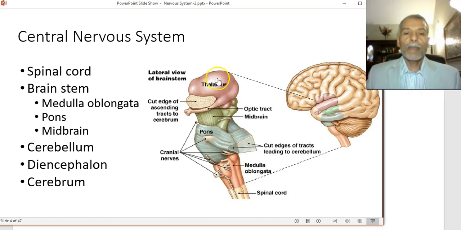So the brain stem that you see here has the medulla oblongata, and then the pons, this structure. And on top of the pons, you have the midbrain. See these cables? And again, think about the brain as that hard drive, basically. And then all these connections come together.